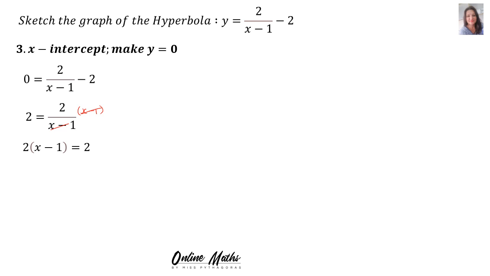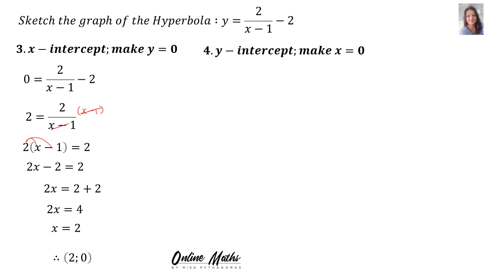Therefore, 2 bracket x minus 1 is equal to 2. And then we will multiply in the 2. 2x minus 2 is 2, and we're going to solve x. 2x is equal to 2 plus 2. 2x is equal to 4. Divide away the 2 both sides. Therefore, x is 2. And then your x-intercept as a coordinate is the point (2, 0).